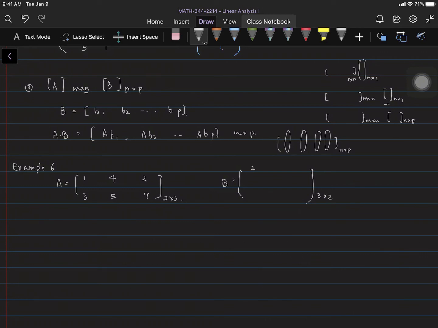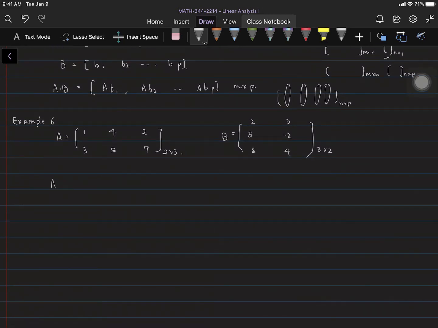Let's see: 2, 3, 5, -2, 8, 4. Right now, we are going to multiply A and B together. So the final product is going to be 2 by 2. Choose the outside two: a 2 by 2 matrix. I'm going to show you.